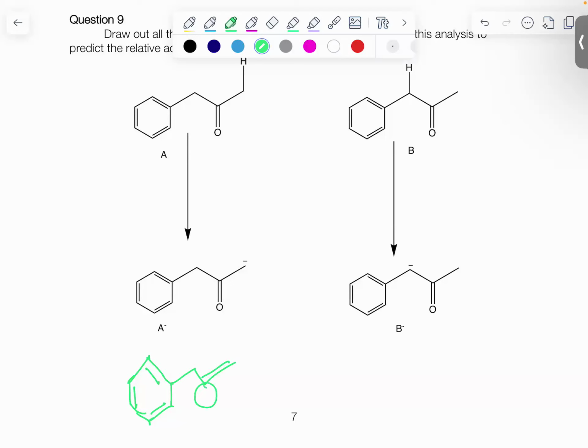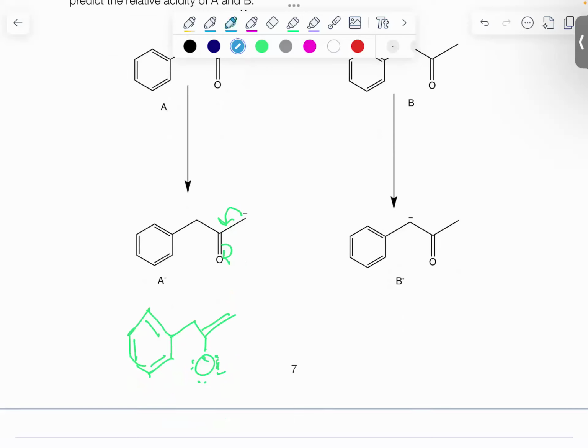Do you want to draw the arrow on this one to show how to do that? Excellent job. Any brave souls feel like attempting B? No? Okay. I'll do it.